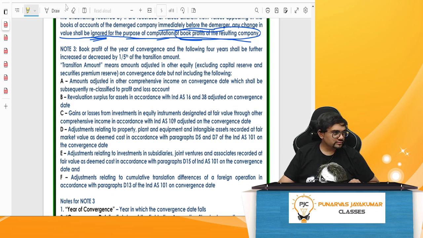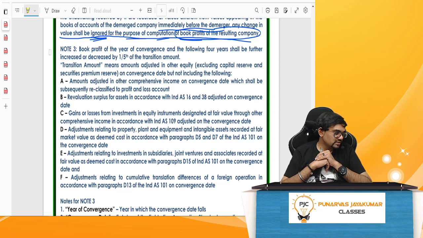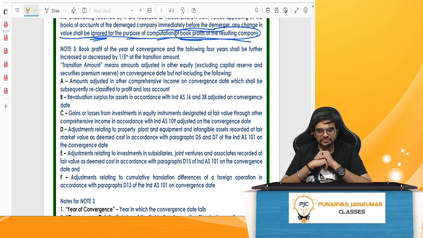So write down, when a company adopts Ind AS for the first time, the transition difference is transferred to a separate account in the balance sheet, within brackets, for the first year.